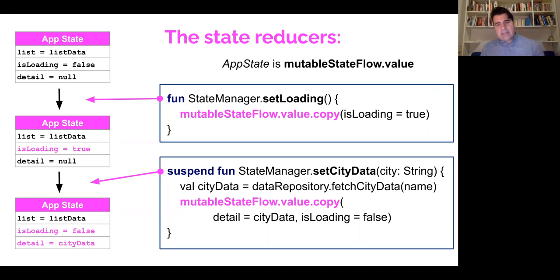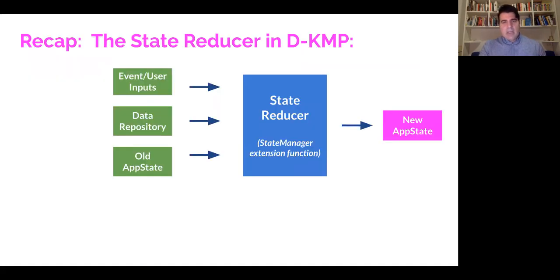The other state reducer, which is setCity, is doing some more things. It is also retrieving the data from the data repository, and then modifying the app state in two properties, the isLoading property and also the detail property. Okay. So if we recap, what is the state reducer?